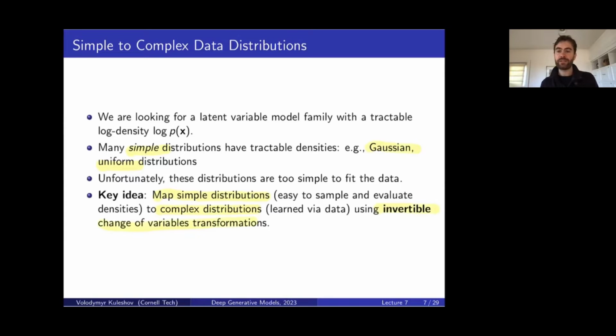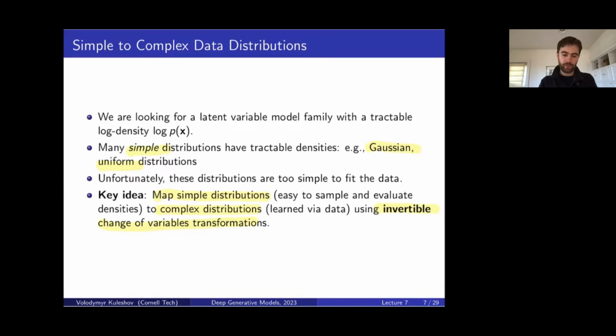By that, I mean that we're going to define a distribution over complex data that will start with a Gaussian and then transform this Gaussian into a very complex multimodal probability distribution using an invertible mapping, which will shift around the densities.